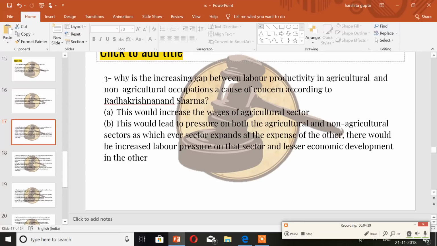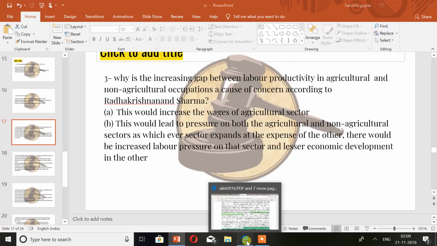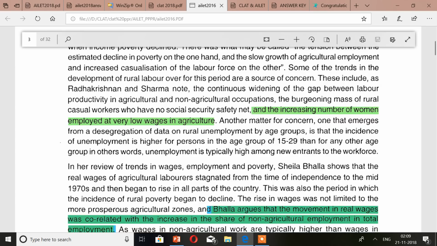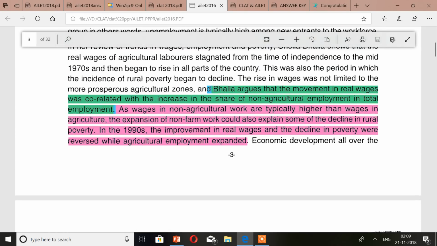Okay, now the next question is, the increasing gap between the labor productivity in agriculture and non-agriculture occupations is a cause of concern. Then why is it a cause of concern? Okay, so this can be found in these lines.